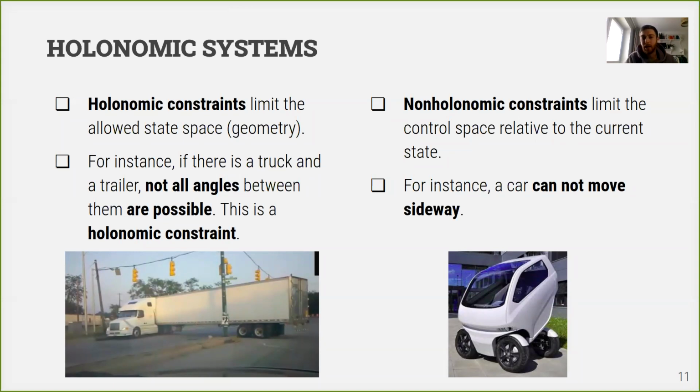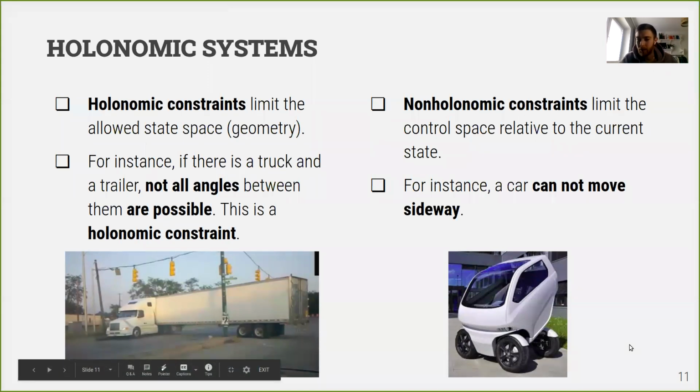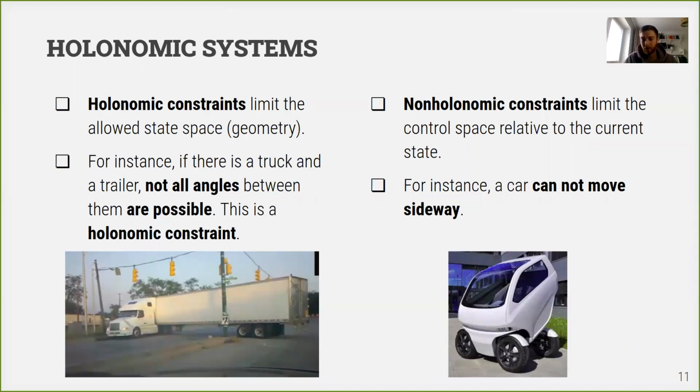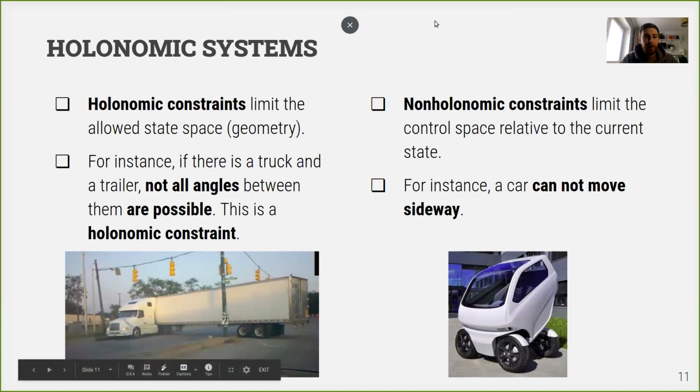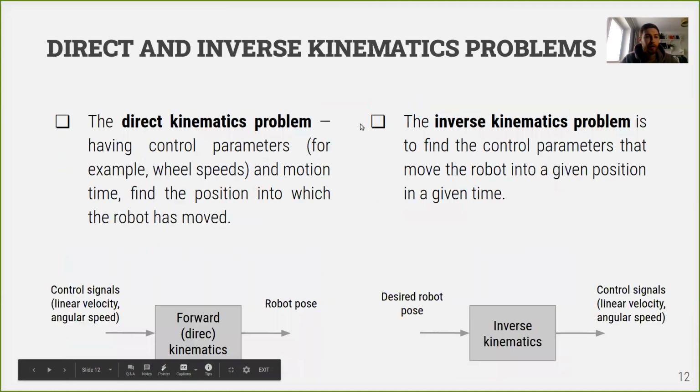We cannot just move sideways and change a lane with a car. But there are, as you can see on the slide, some interesting cars which actually can turn their wheels exactly to solve this problem, to make a car a holonomic system. So I hope it is clear with holonomic and non-holonomic. If you have any questions, you can ask right away or type in chat your questions.